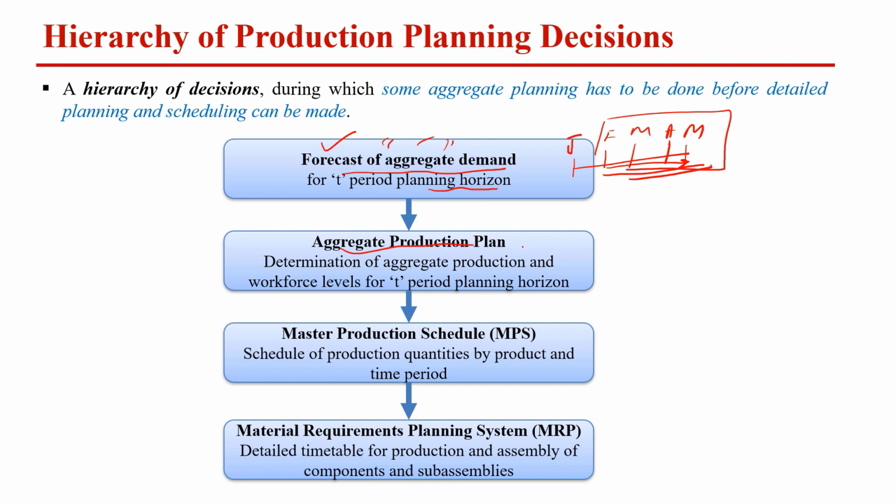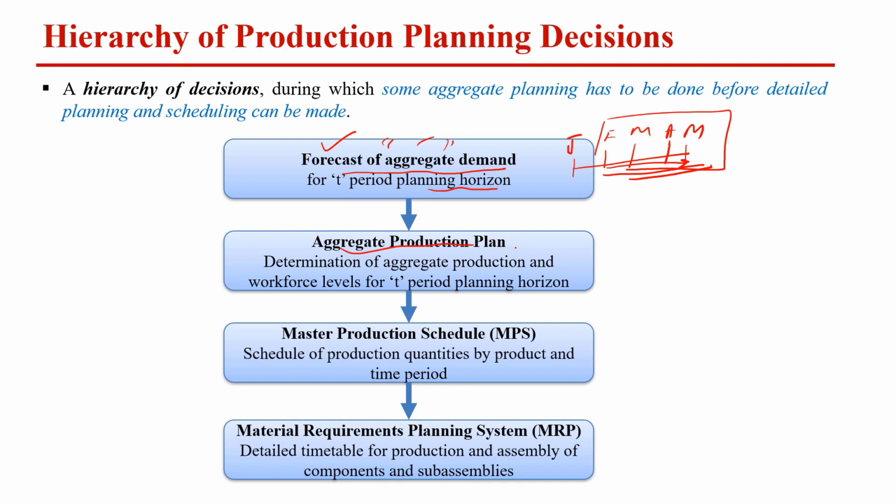Usually this aggregate production plan is developed for 6 months to 12 months, in which the major decision is how much quantity we should produce of a particular product in a particular month, as well as how much inventory we should maintain of that product.